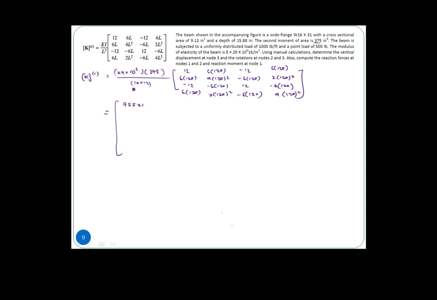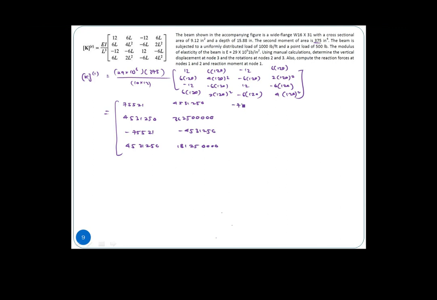Right, so it will give us the first stiffness matrix. I'm just writing it here, so you can cross check with yours. 4, 5, 36250, maybe 45, 31250, 18125.